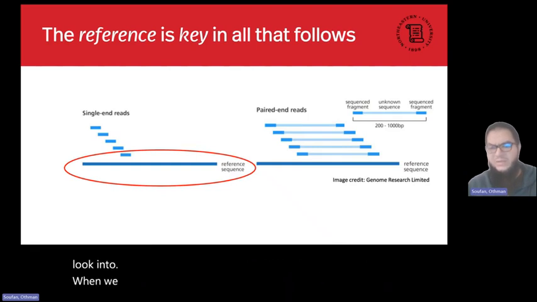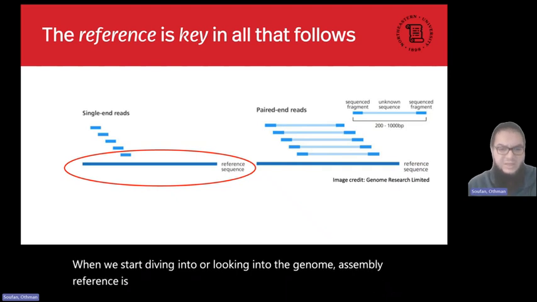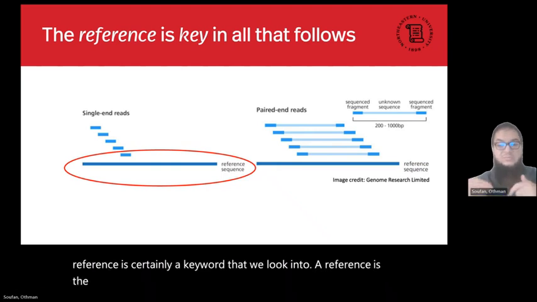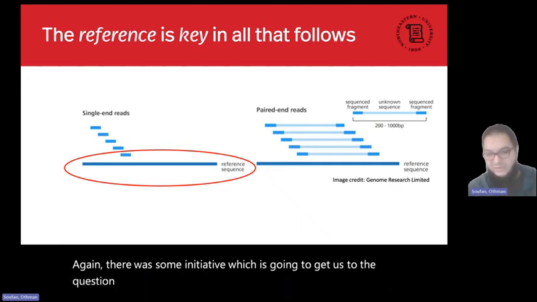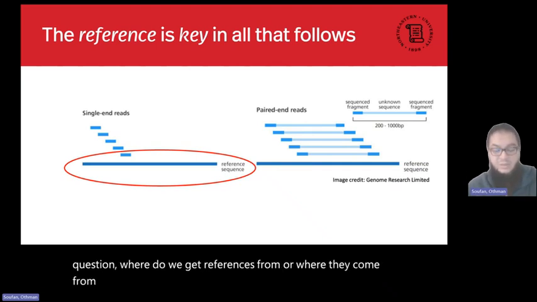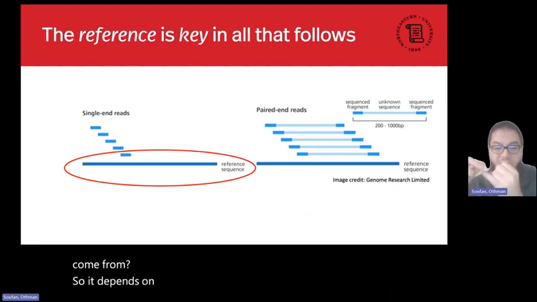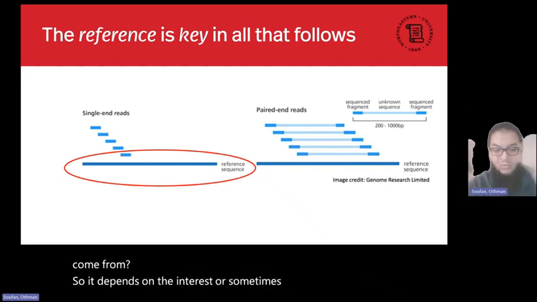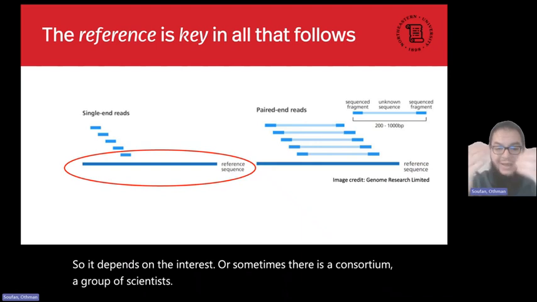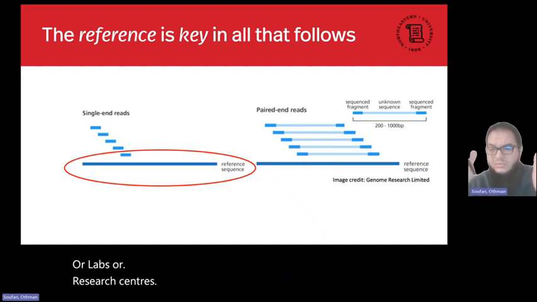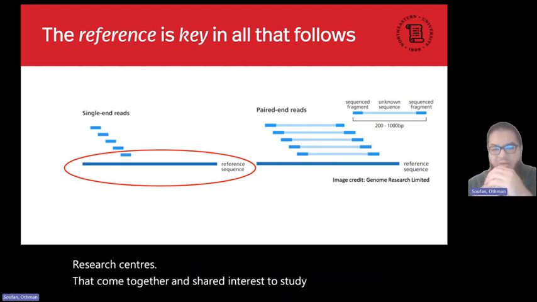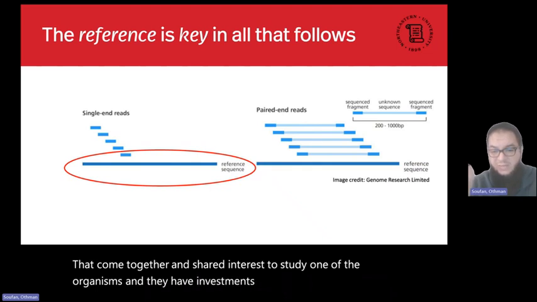When we start diving into genome assembly, reference is certainly a keyword that we look into. Again, this gets us to the question: where do we get references from, or where do they come from? So it depends on the interest. Sometimes there is a consortium, a group of scientists or labs or research centers that come together and share interest in studying one of the organisms, and they have investments or funds to do it.